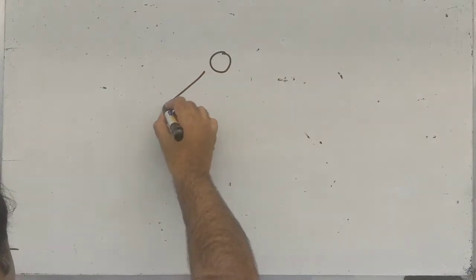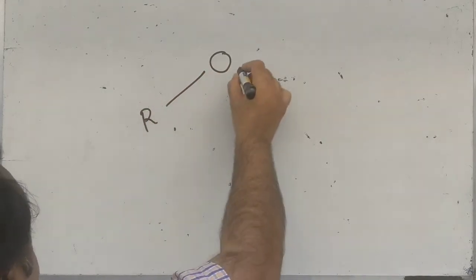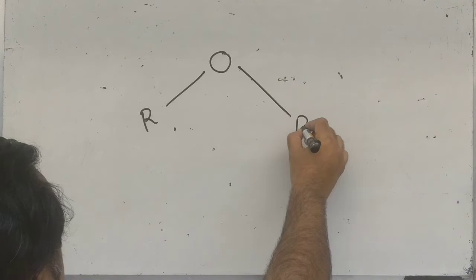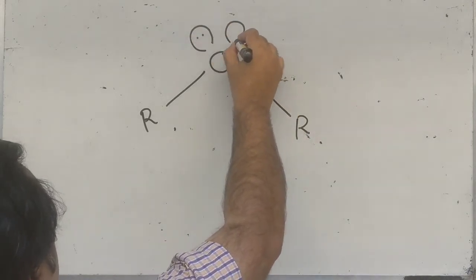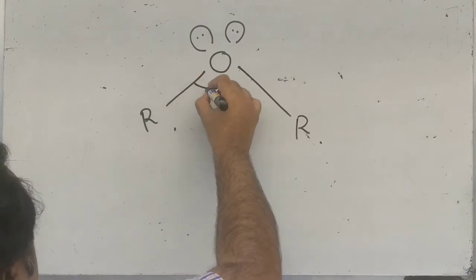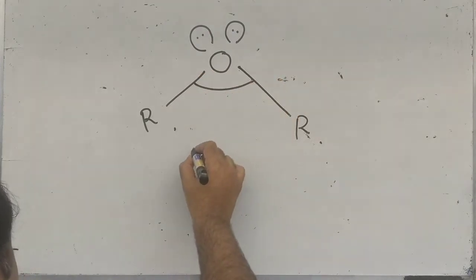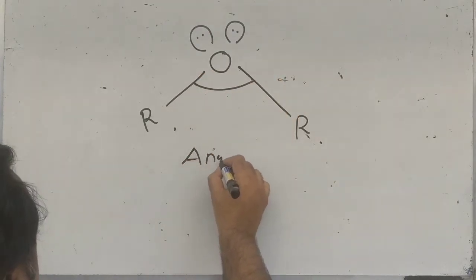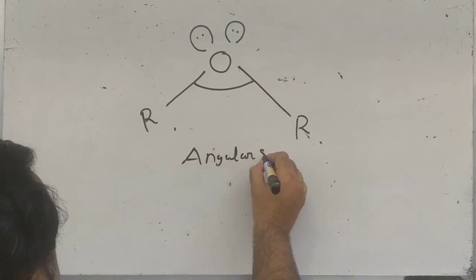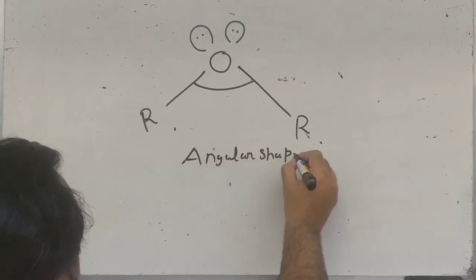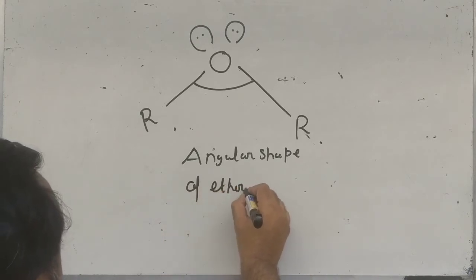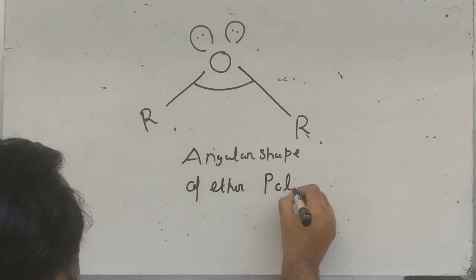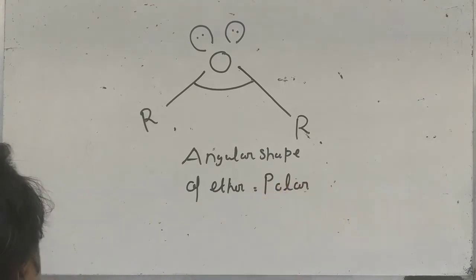So suppose somebody asks you, even if the 2 R groups, alkyl groups, in ether are the same, still they are polar. Reason being, they have an angular shape. The angular shape of ether makes them polar. Let's see how.